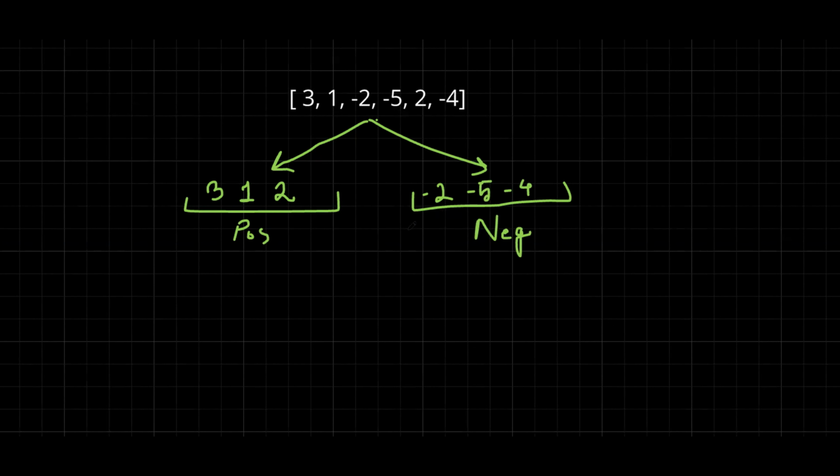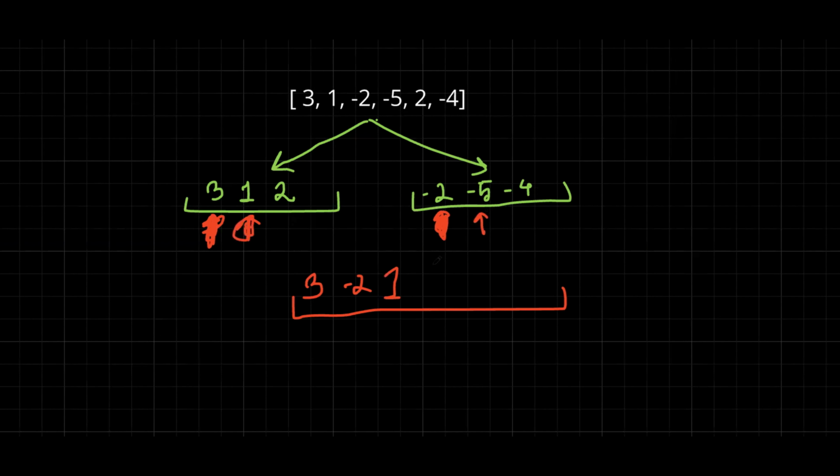So far, so good. Now, let's take two pointers. One pointer is pointing to the first element of the positive array, and one pointer is pointing to the first element of the negative array. Now let's take another array to store the answer. Now here, we will append the first pointer value into the answer, which is 3. Now we will shift the pointer to the second element.